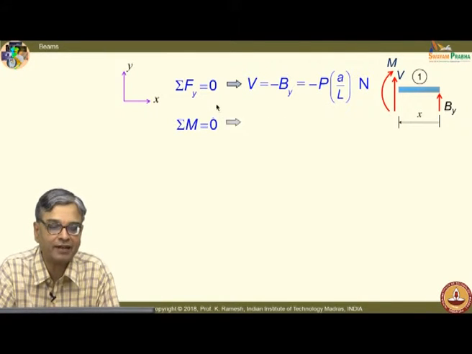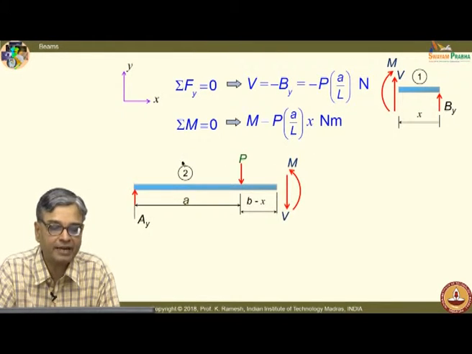So, when I put sigma Fi equal to 0, I get V equal to minus Pa by L, and I get the moment as Pa by L into x. Now, let me analyze this.